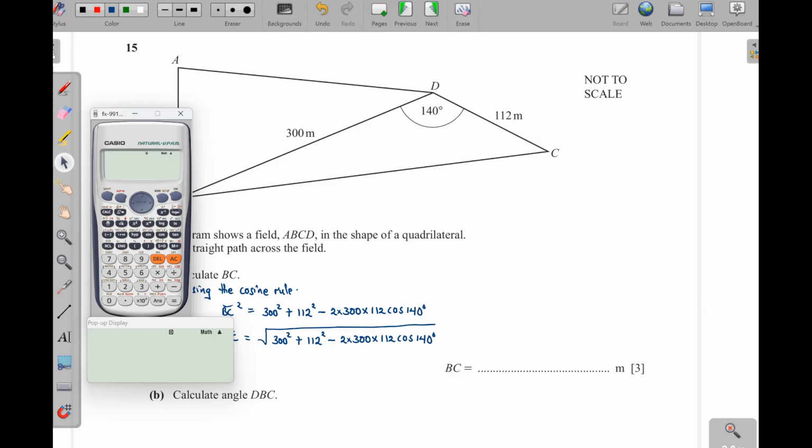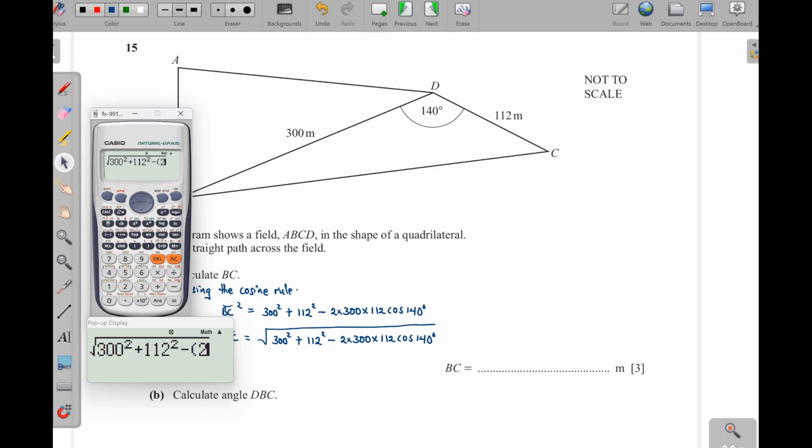Now your calculator must be in degrees. Remember that if it is in the radian mode or the gradient mode, then you are going to get wrong answers. So let's put square root of 300 squared plus 112 squared and then minus.